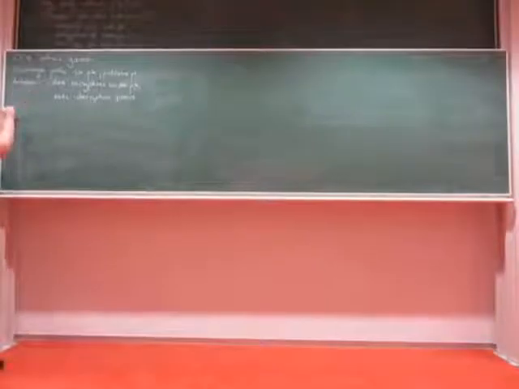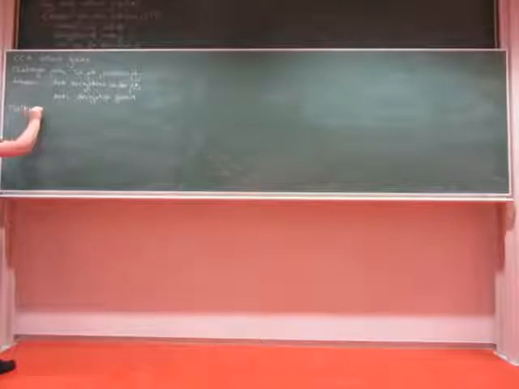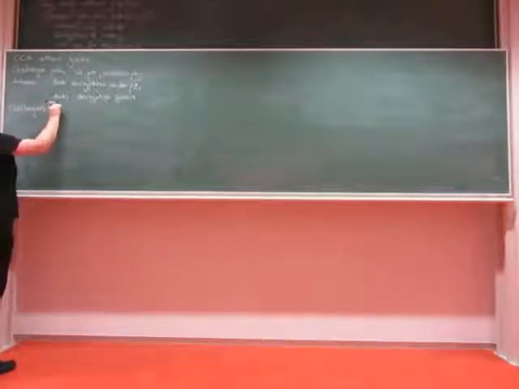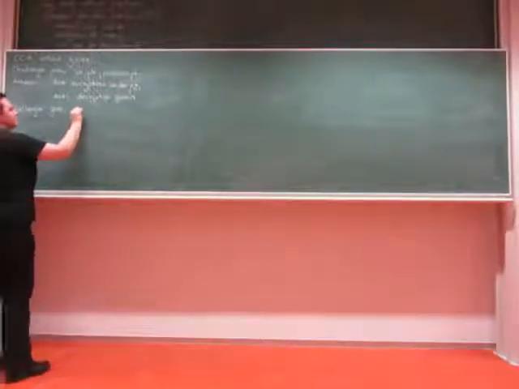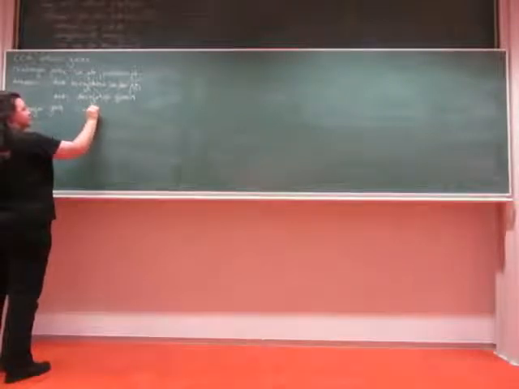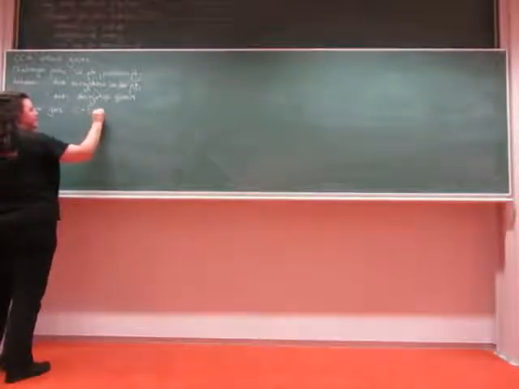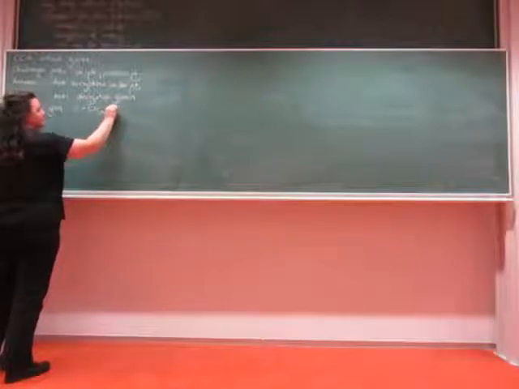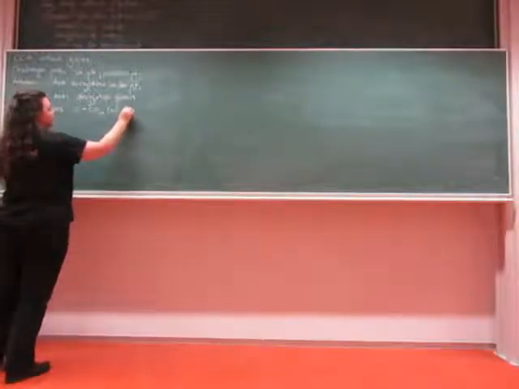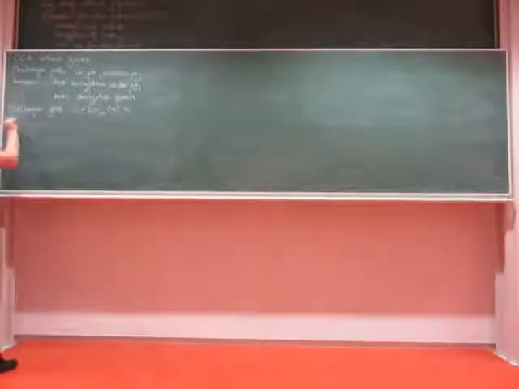So after this phase, the challenger gives C, which is the encryption, now under the public key, of the message M to the attacker.